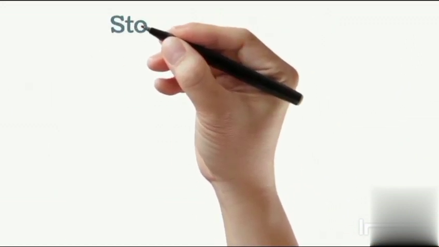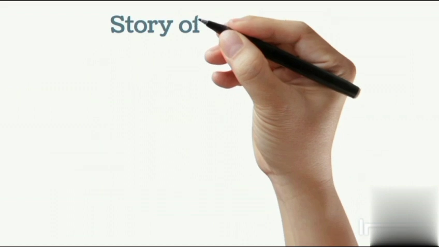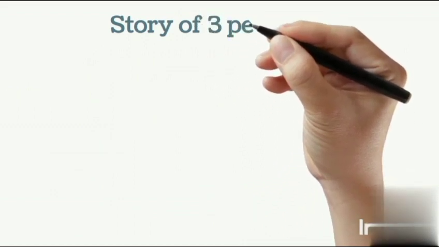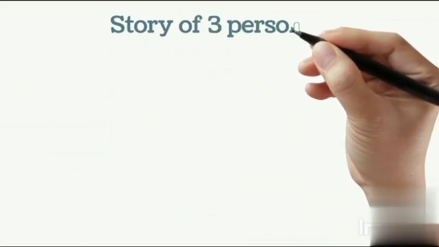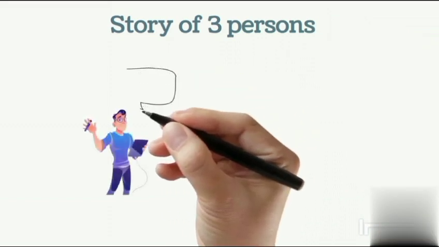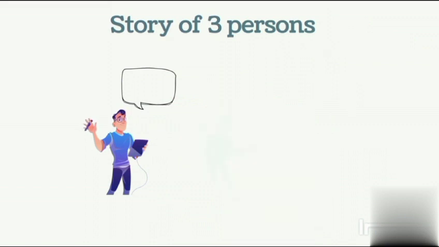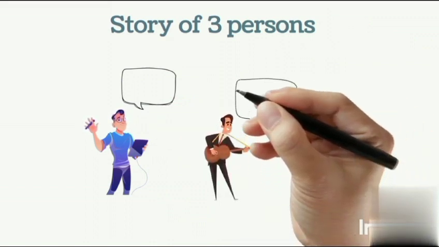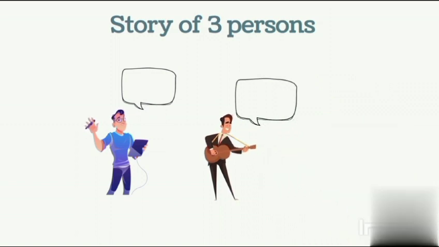Second, I will tell you a story of three persons. You can memorize it this way: there are three persons, and one person is talking to the second one. The first person, for example in the first picture, is the one who is talking to the second person.